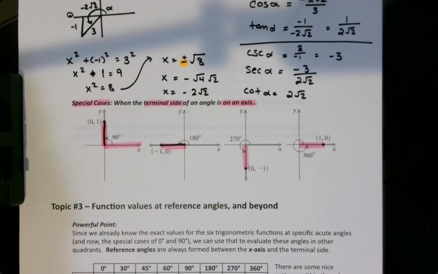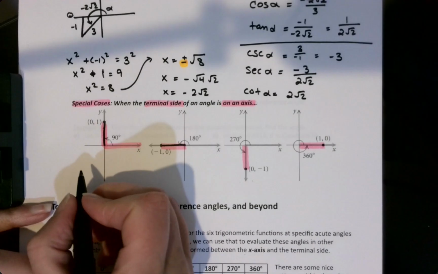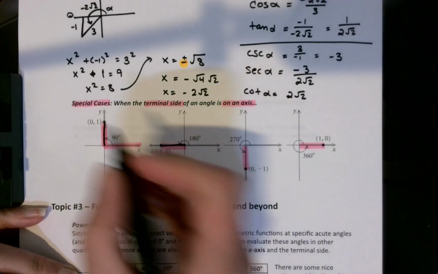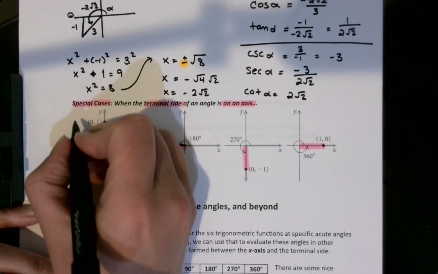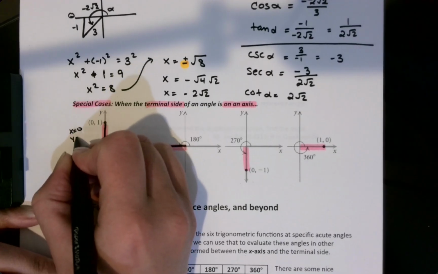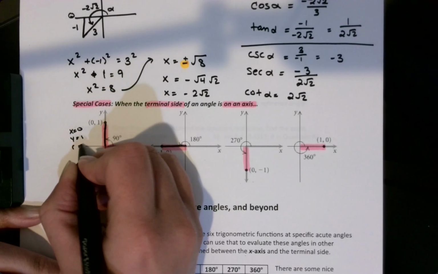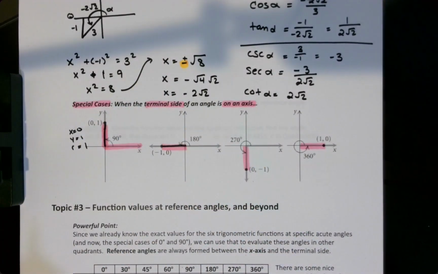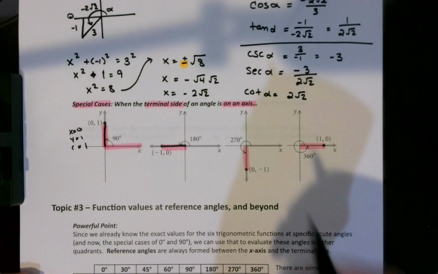In these cases, if you wanted to find the sine value, for example, in these, the x value is 0, the y value is 1, and the r value is also 1 because 0 squared plus 1 squared is still equal to just 1. So the r value is 1. Pythagorean theorem still applies.